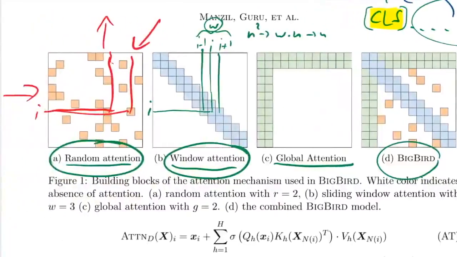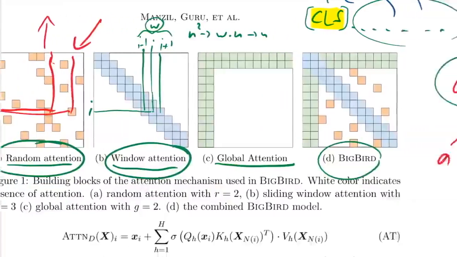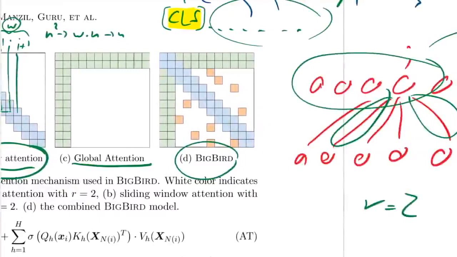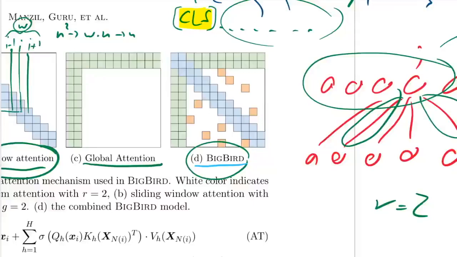But first, I hope it was clear that this combination of random attention, window attention, and global attention is what is called Big Bird. They have some engineering tricks that go along with this, but in concept, you can imagine Big Bird being Longformer plus this random attention right here.